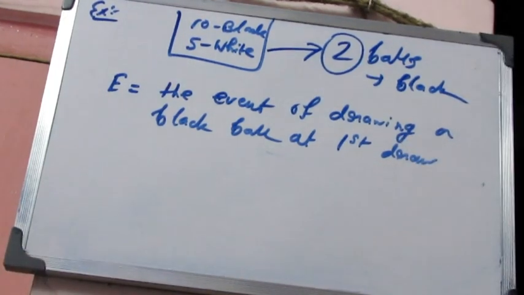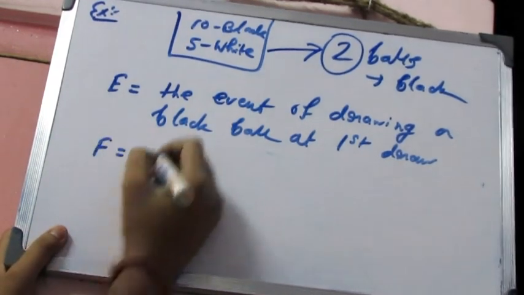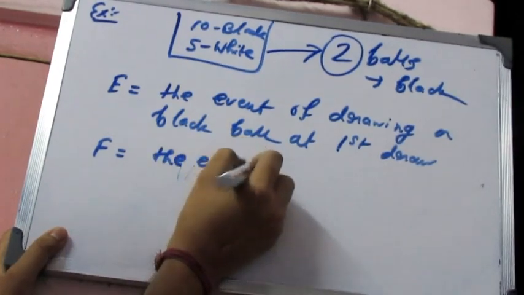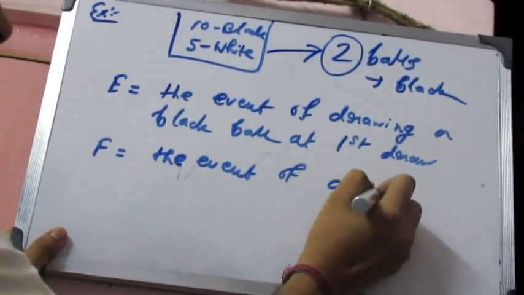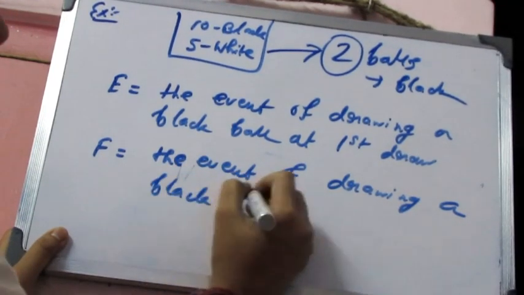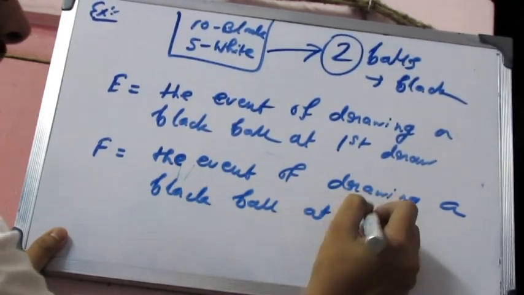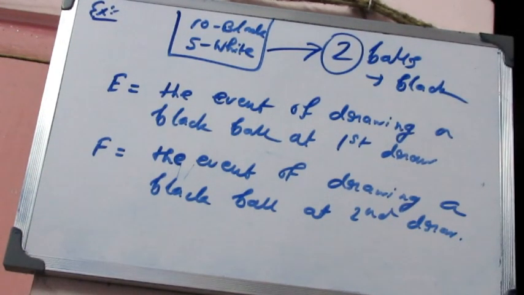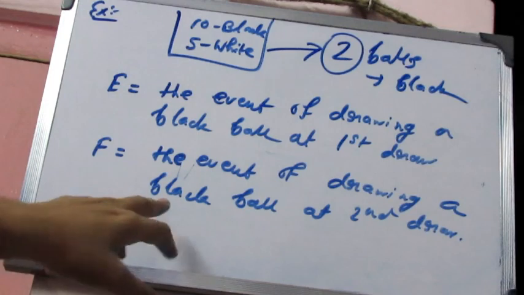I mean, first draw will be a black ball. Similarly, F is the event that on the second draw we will pick a black ball.